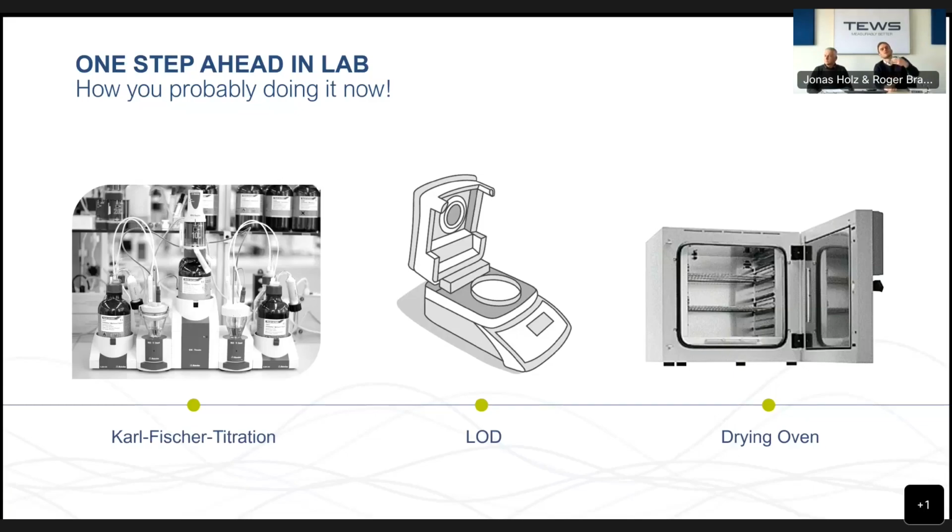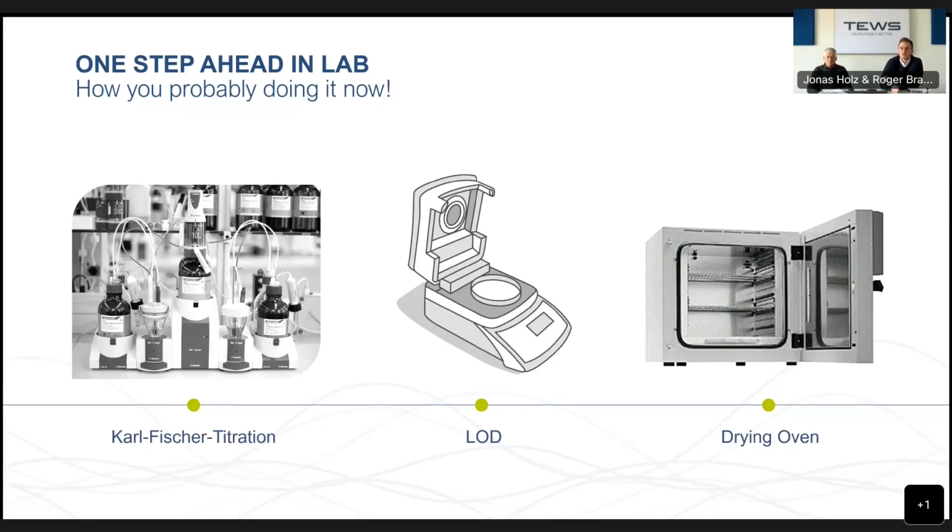You put the product or the sample inside of the device, and the device will start heating up the product. Due to the heat, the moisture inside the product will evaporate, and the product itself will lose some weight. Based on that weight loss, at the end, the device can calculate the moisture level of the sample.